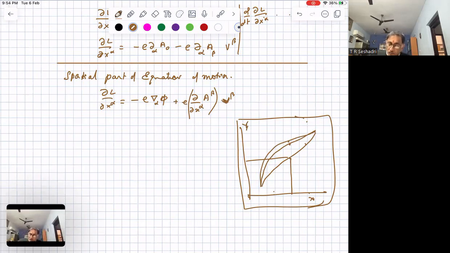Similarly, once you have specified the path taken by the particle, then along the path you know what the velocity is corresponding to x. But at the level of the Lagrangian, I have not committed myself to which path I am taking. I am considering all paths and finding that path for which the action is minimum.